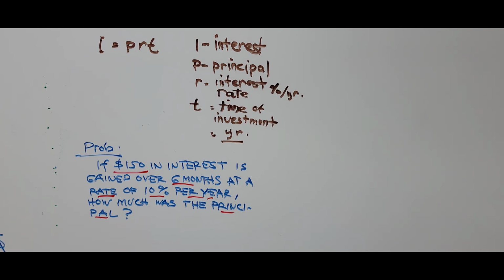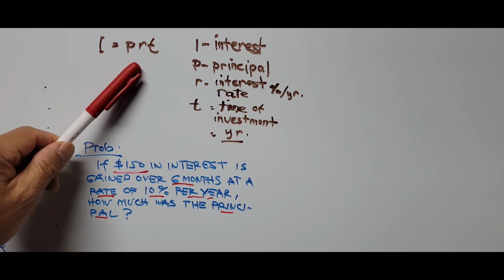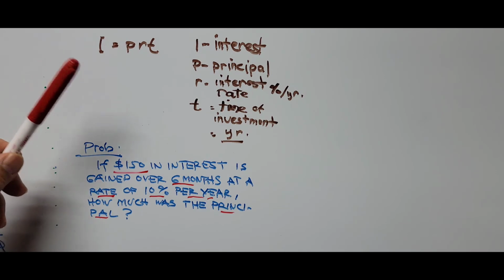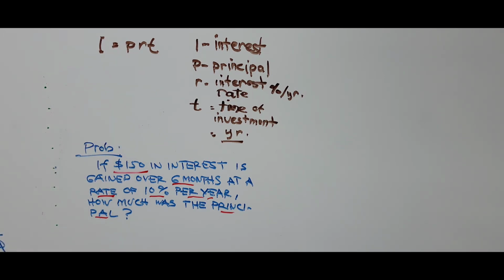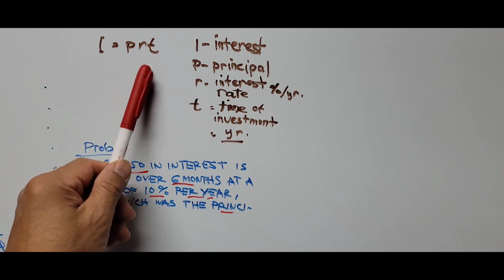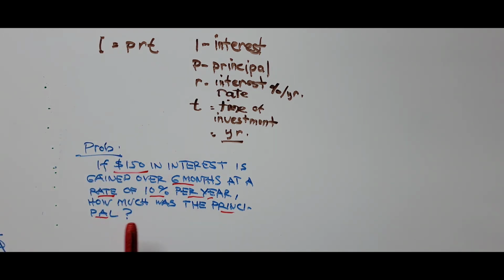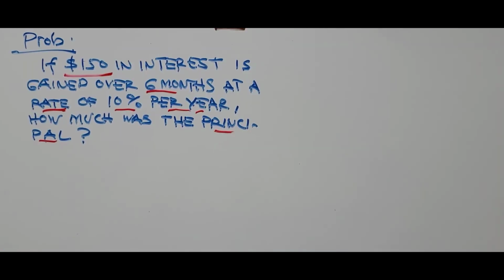So once again, we go back to the formula I is PRT. When any three variables are given, we can find the fourth variable that is not given. That's the one that's being asked, in here, the principal. So what we have to do is write the whole equation, substitute those given out of that problem, and solve for the principal.